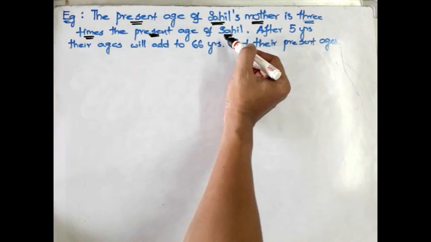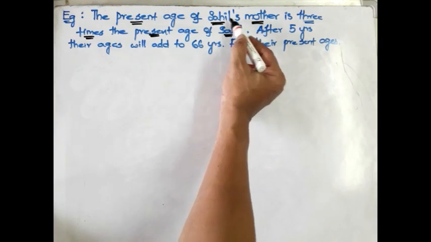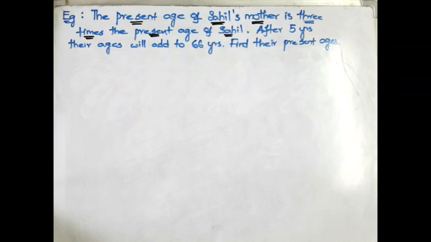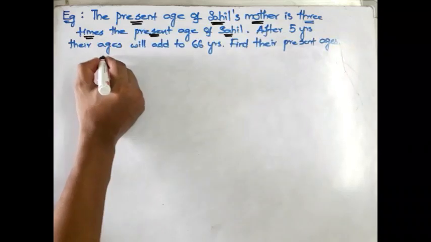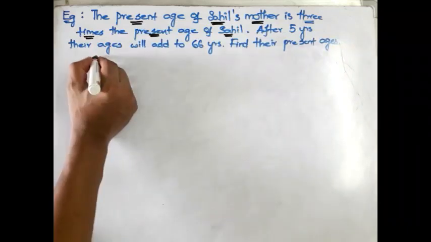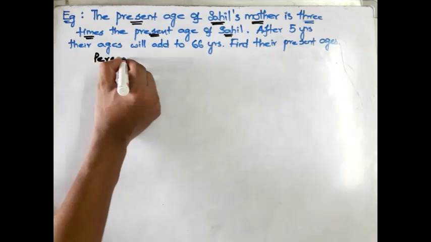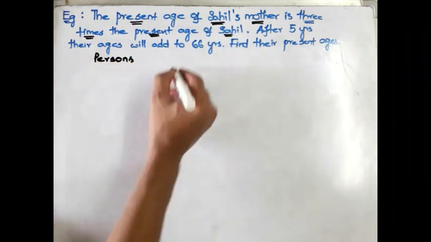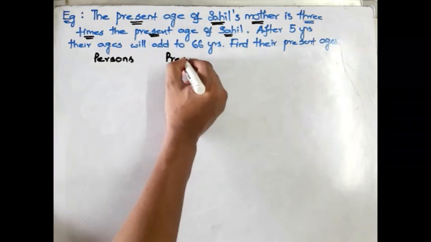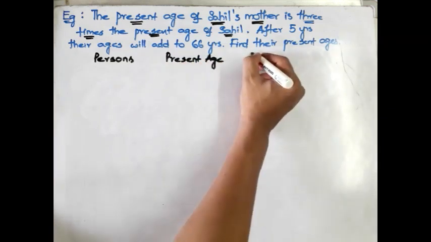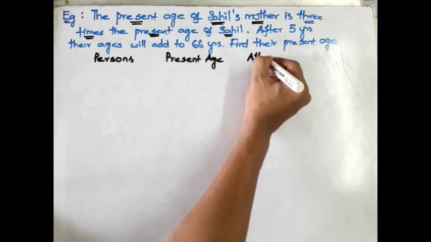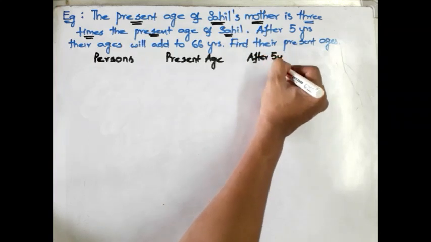So what we can understand is Sahil's mother's age is dependent on the age of Sahil. So let us make a table. For example, so we have two persons, present age, age after 5 years. After 5 years.